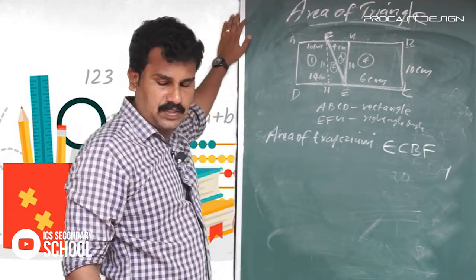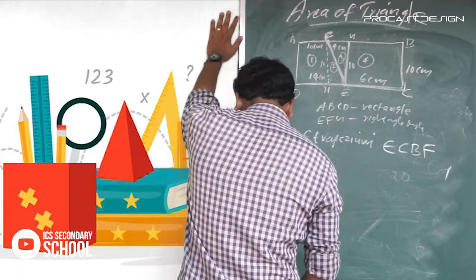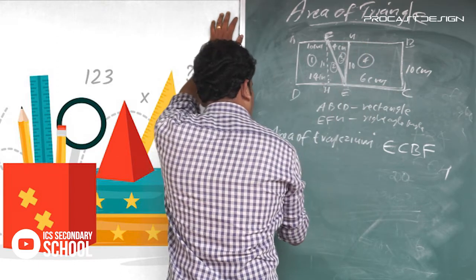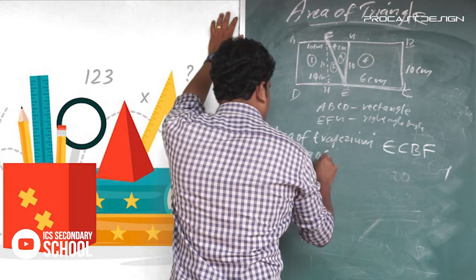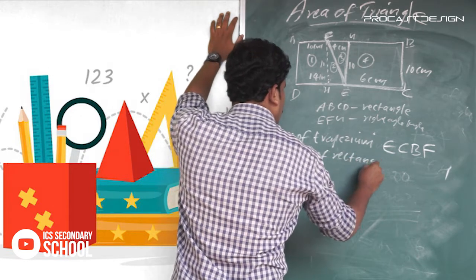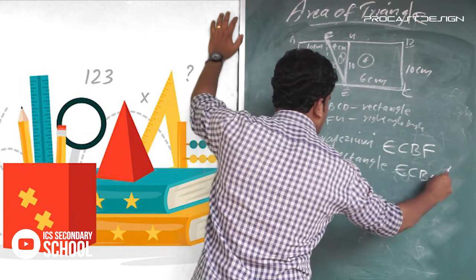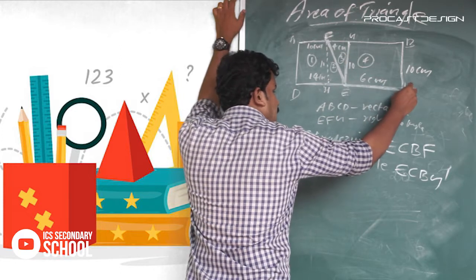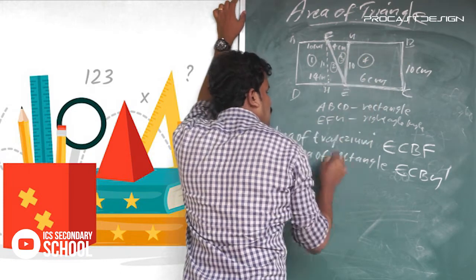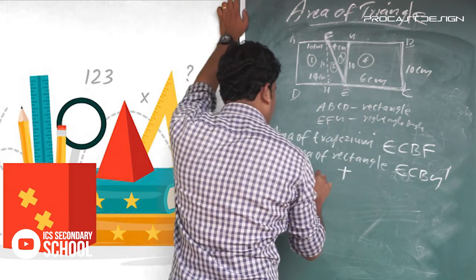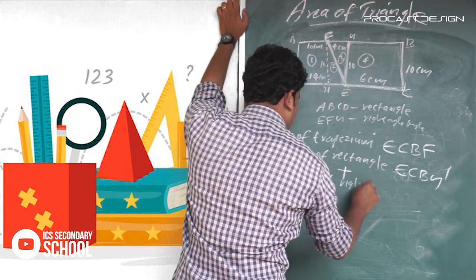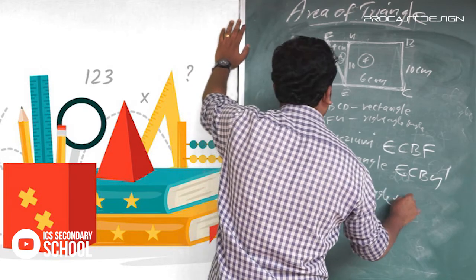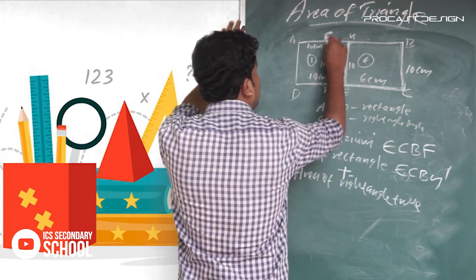Area of trapezium ECBF means area of rectangle ECBG plus area of right angle triangle EFG.